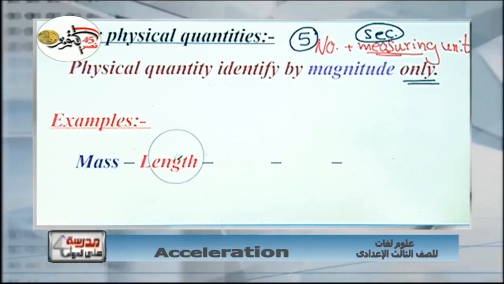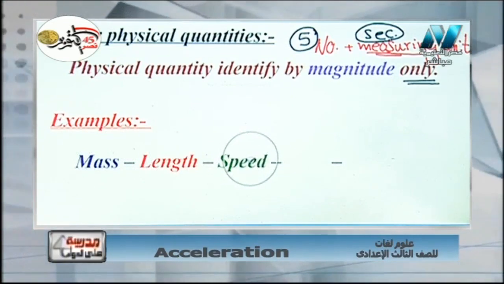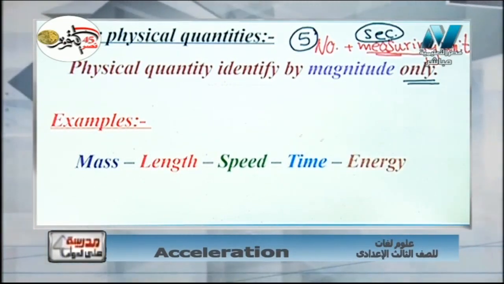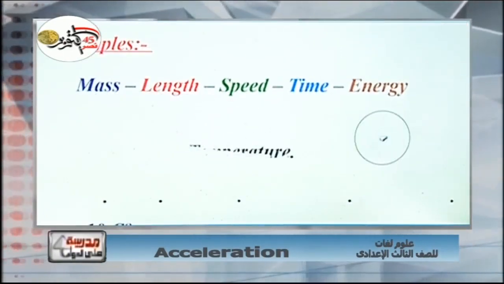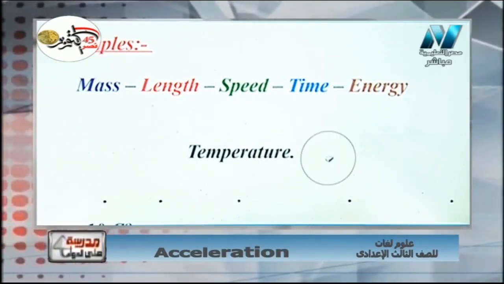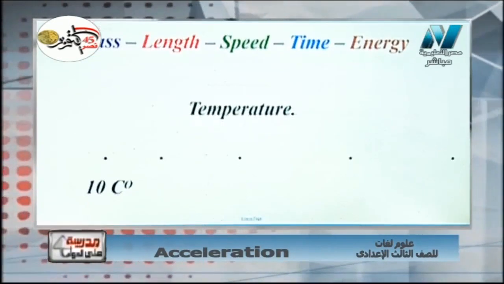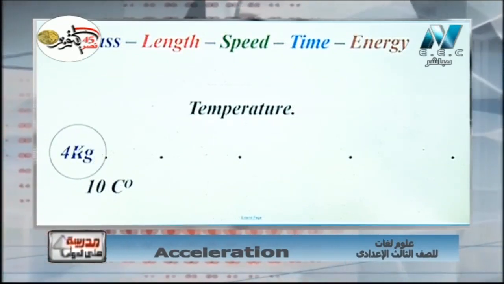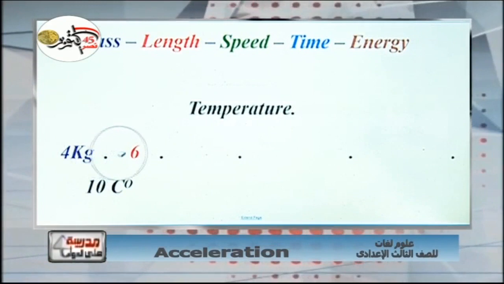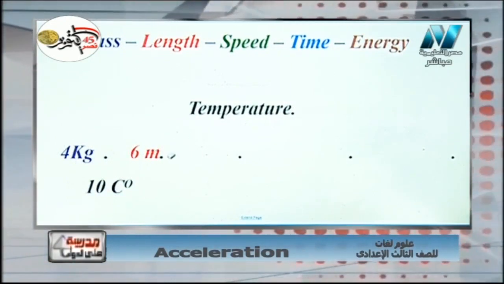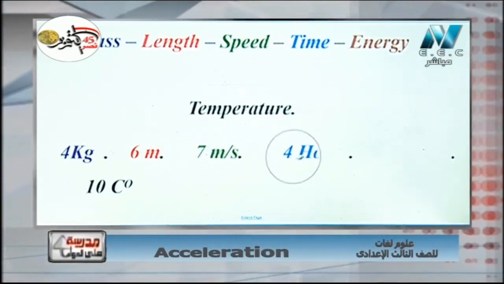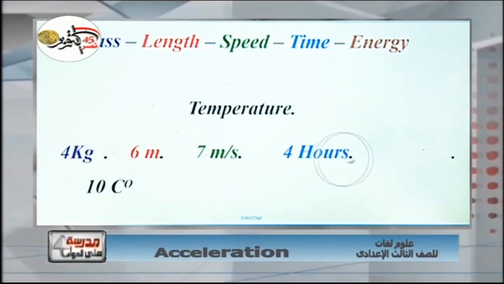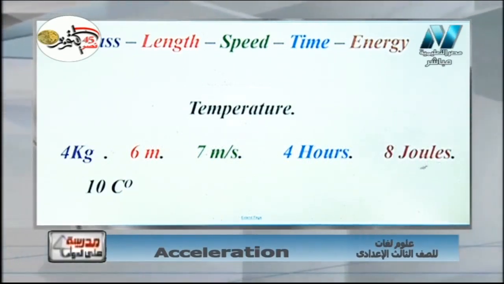We have many examples: mass, length or distance, speed, time, energy, and each one has measuring units, by which we identify it. For example, 4 kilograms, so we talk about mass. 6 meters, length or distance. 7 meters per second, speed. 4 hours, time. 8 joules, energy. 10 Celsius, temperature.